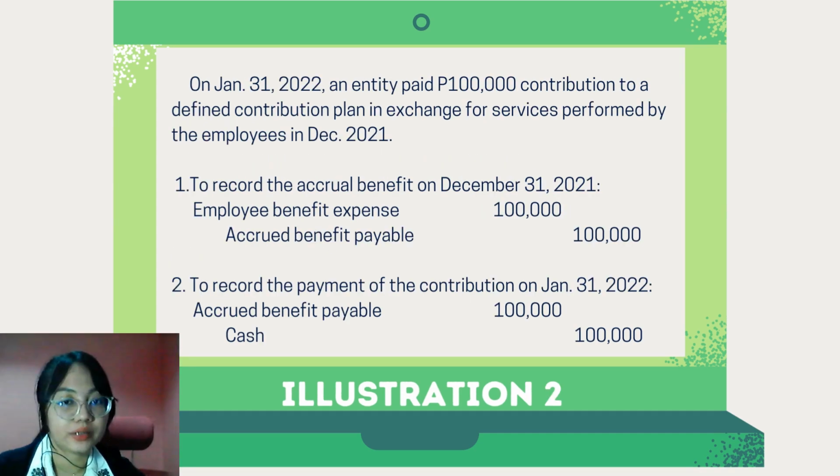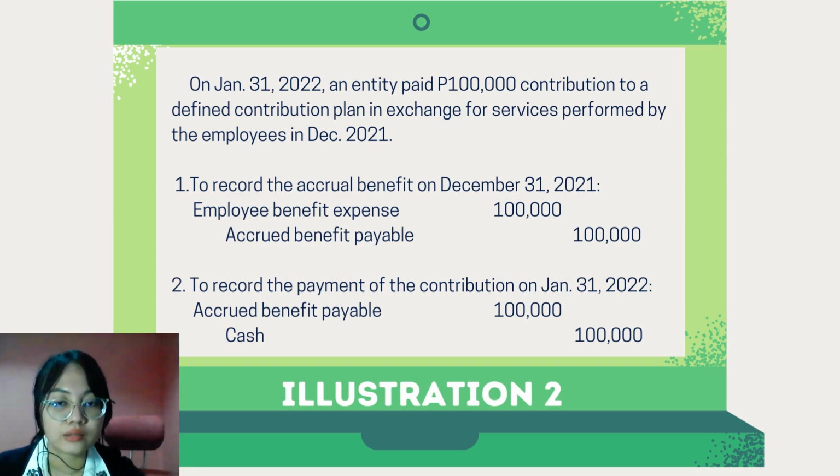Here is another illustration. On January 31, 2022, an entity paid 100,000 pesos contribution to a defined contribution plan in exchange for services performed by the employees in December 2021. So we notice here na yung service ay nung December 2021 pa, and then yung contribution ay nung January 31, 2022.